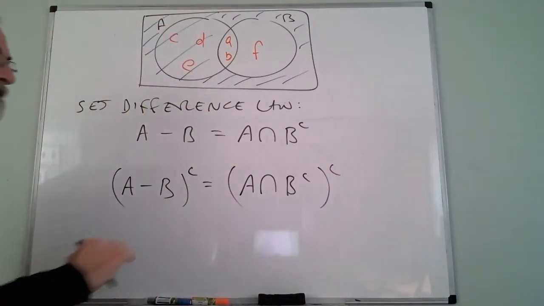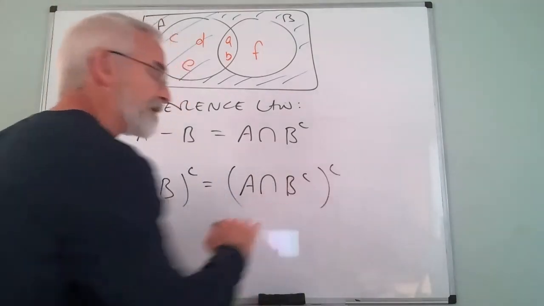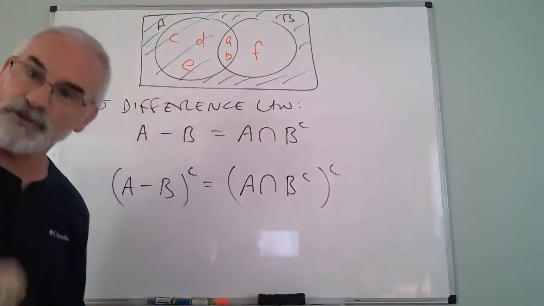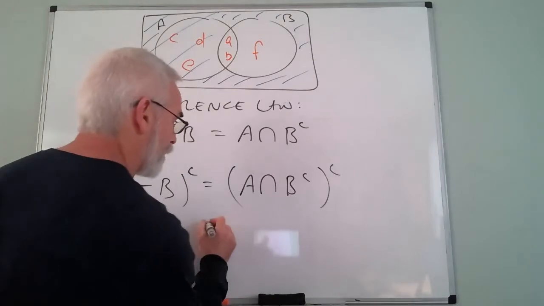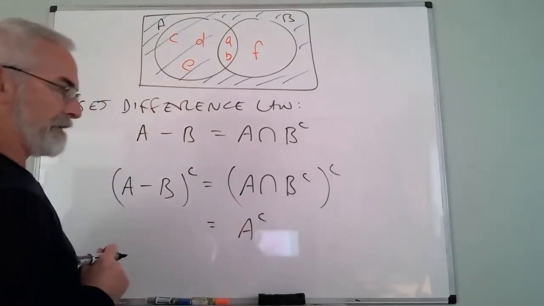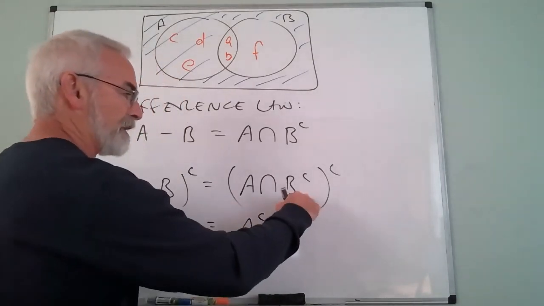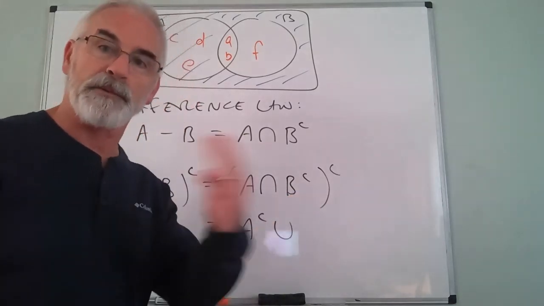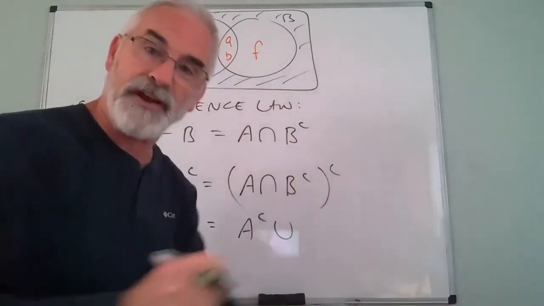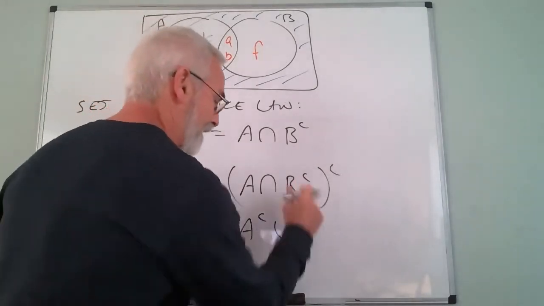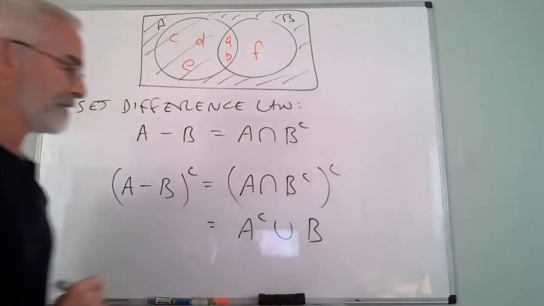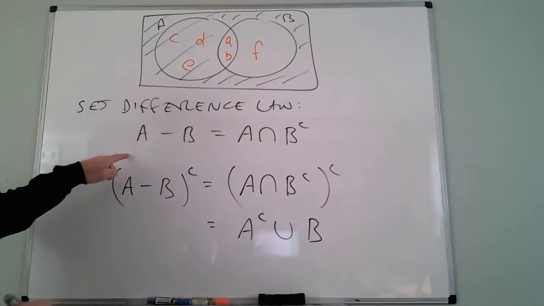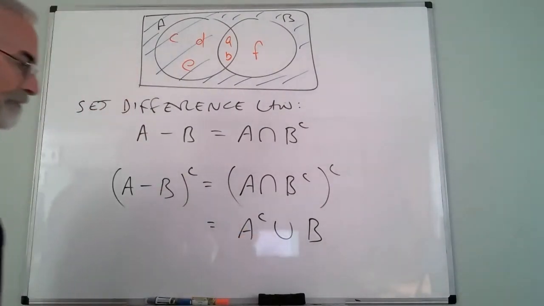De Morgan's law says the complement of the intersection is the union of the complements. So this would be A complement union the complement of B complement. Now, some people will do two steps to do that. They'll say B complement, and then simplify that. I'm not a big fan. I'm just going to write B. Okay, so this would be equal to this.